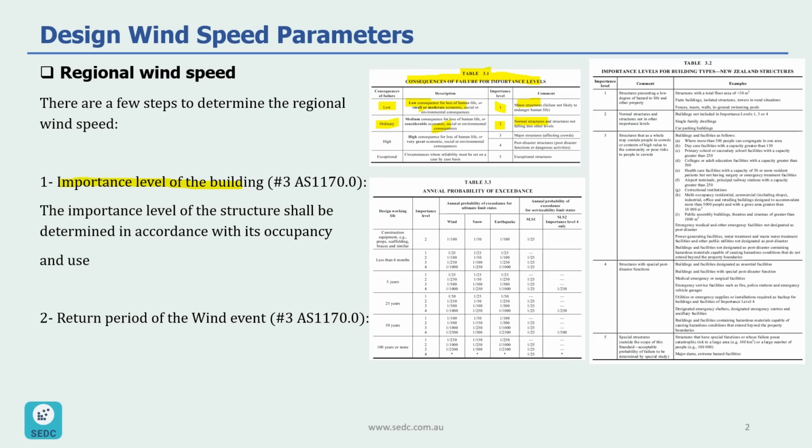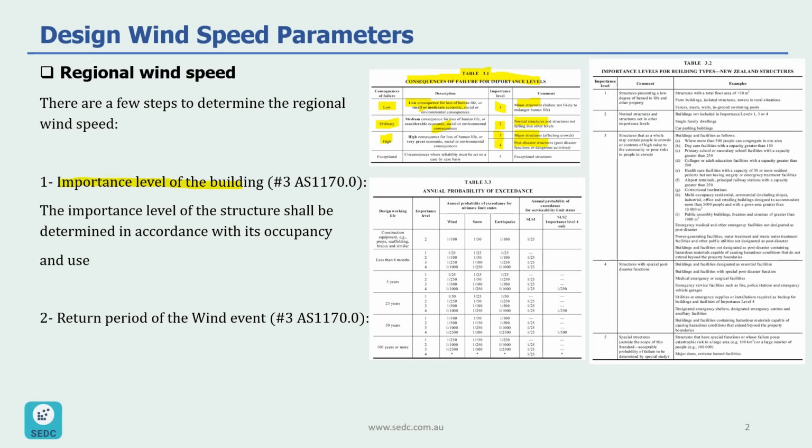The third category is where we have high consequence of failure. This can be related to major structures, which can be importance level 3, or to post-disaster structures, which can be importance level 4.